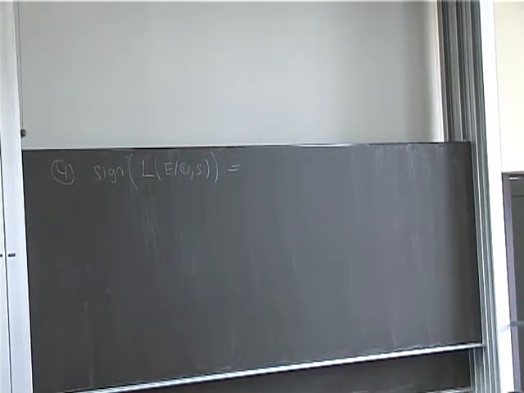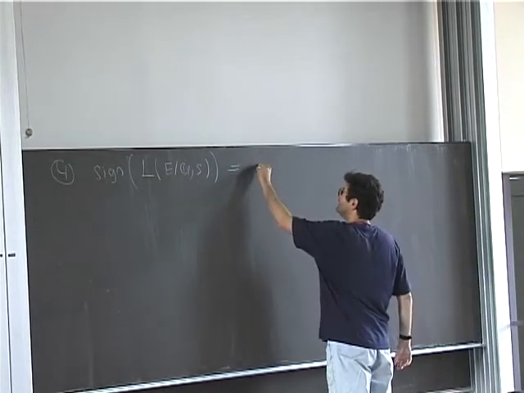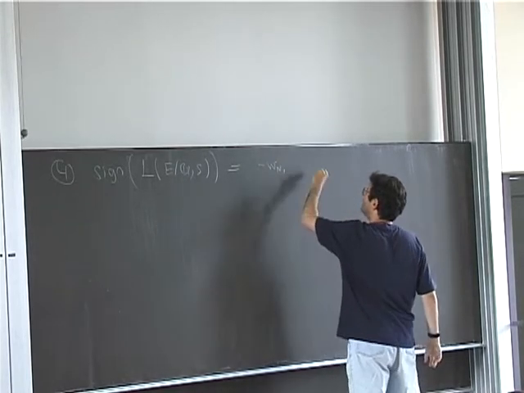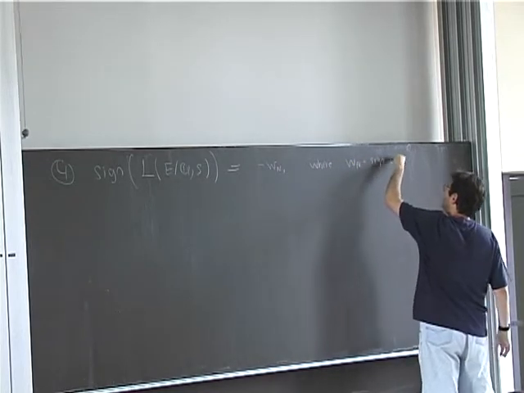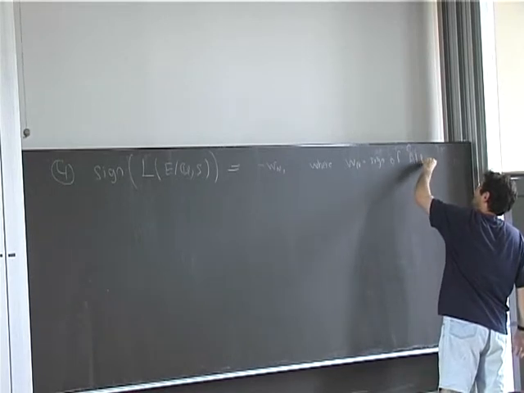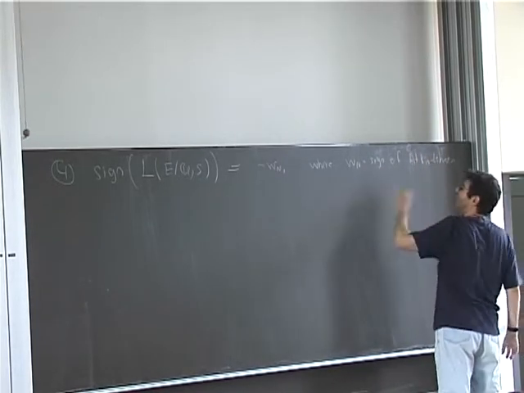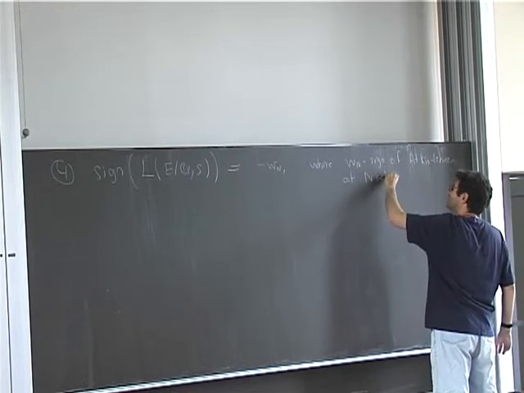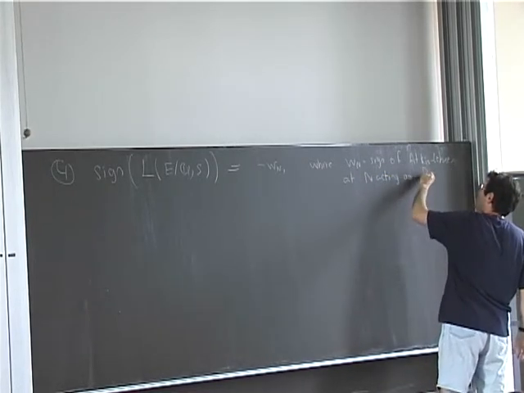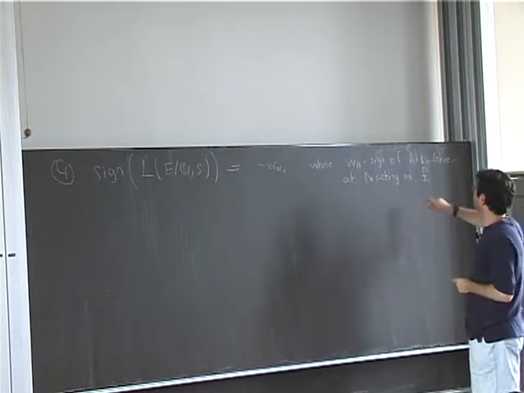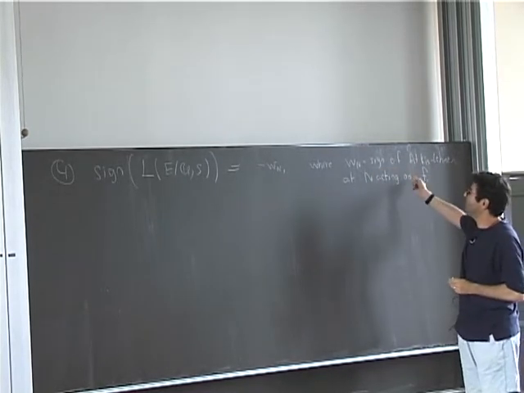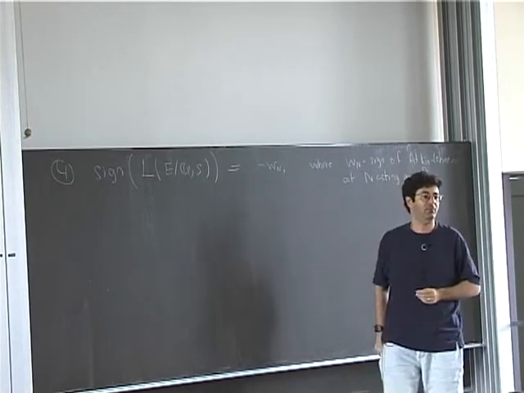It's minus w_n, where w_n is the sign of the Atkin-Lehner involution at n acting on the modular form f associated to E. So you have some involution on the modular curve, which we already used last week, corresponding to n, and f is an eigenvector for this involution, and the sign that you pick up is the negative of the sign of the functional equation.